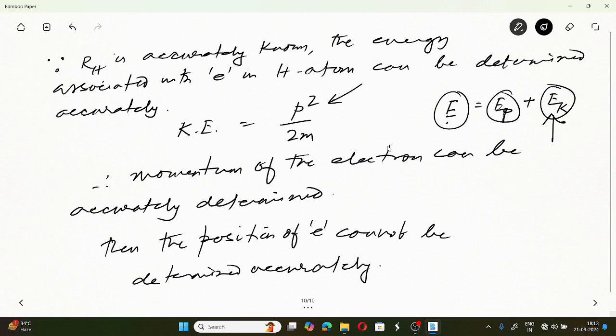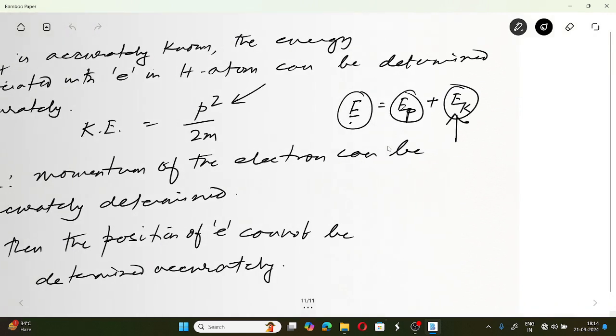If the momentum is accurately determined, then the position of the electron cannot be determined accurately. What does it mean? See, diagrammatically we can write like this. Since momentum is determined accurately, then we cannot determine the exact position of the electron with respect to the nucleus.